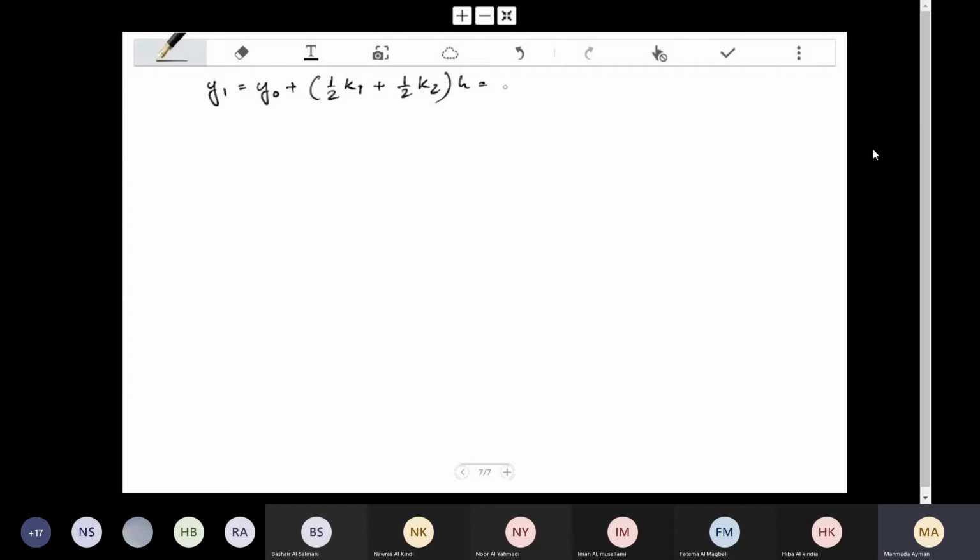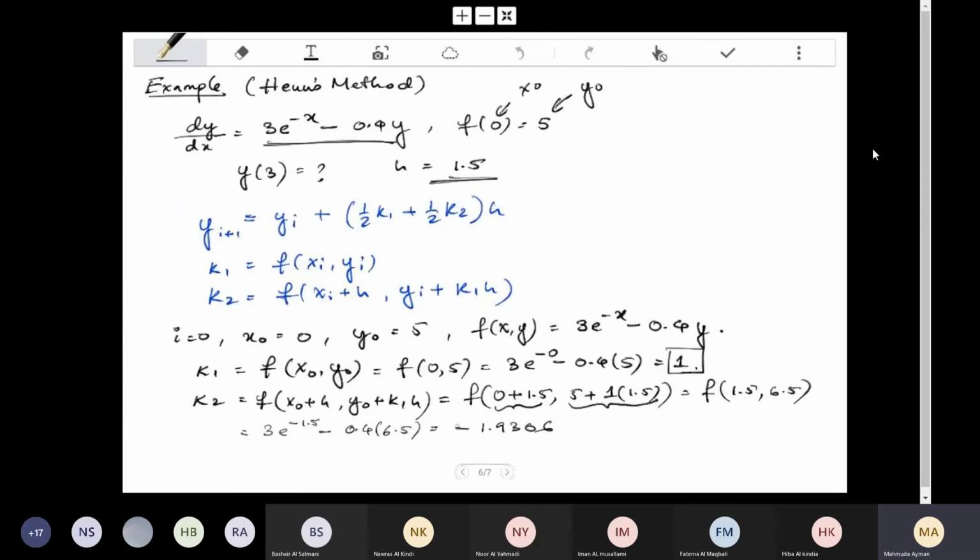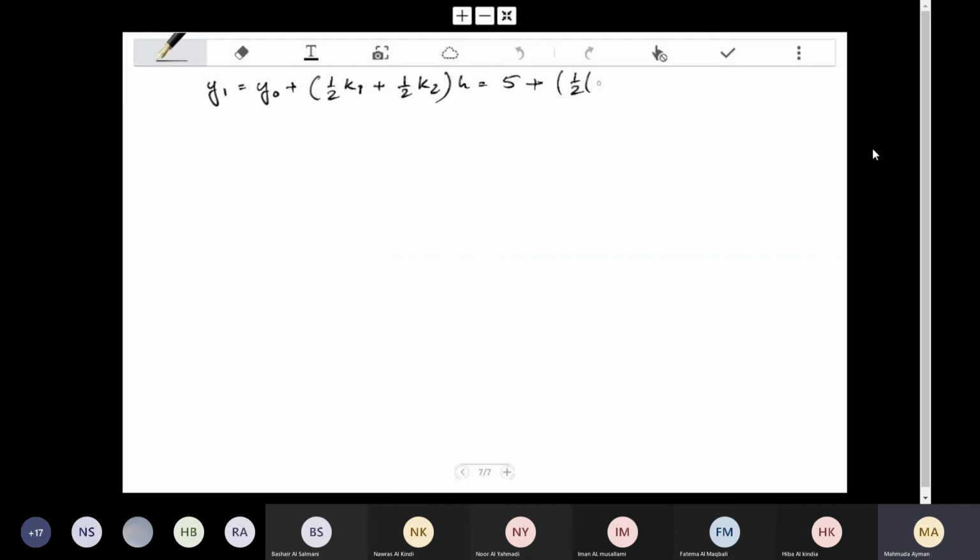So you have y0 is 5, plus 1/2 times k1, which is 1, plus 1/2 times k2, which is minus 1.9306, and the whole thing will multiply by h, that is 1.5.